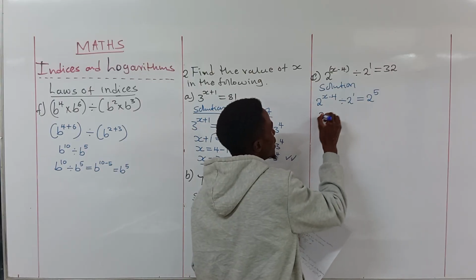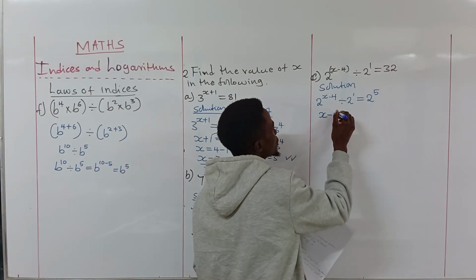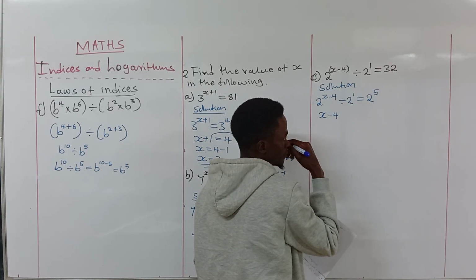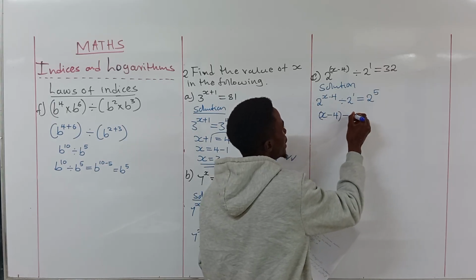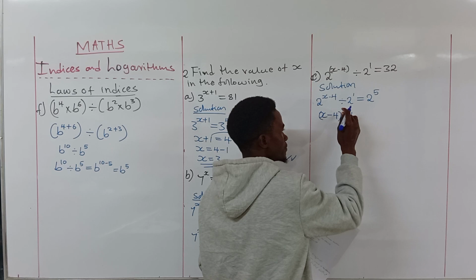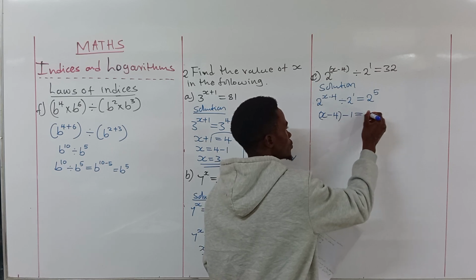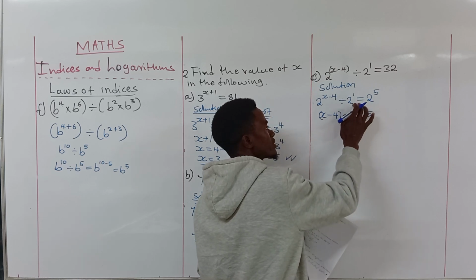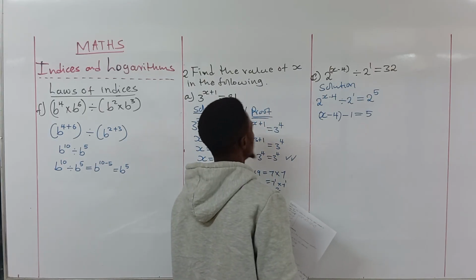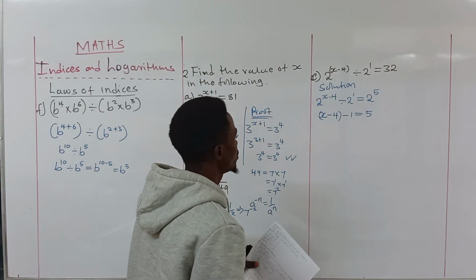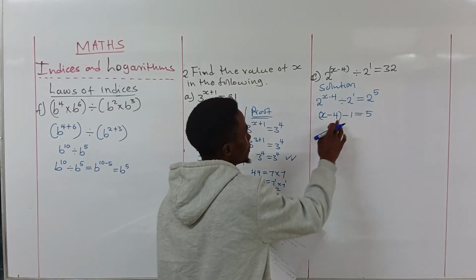So it's going to give us x minus 4 minus 1 is equal to 5. Introducing the equal sign, we now equate everything that is on the powers. But if it does not have the equal sign, we do not equate the powers.